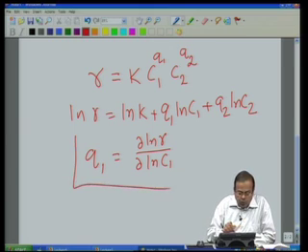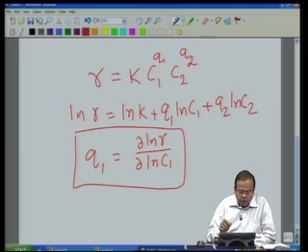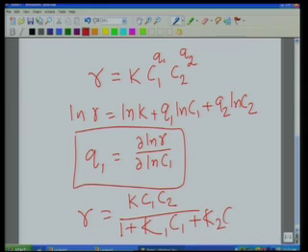For a true power law kinetics, this is what I get. Now, there are quite often situations where my rate is actually not power law kinetics, but something which looks of this type. That is, I have some complicated function, k C1 C2 divided by 1 plus K1 C1 plus K2 C2 and so on.